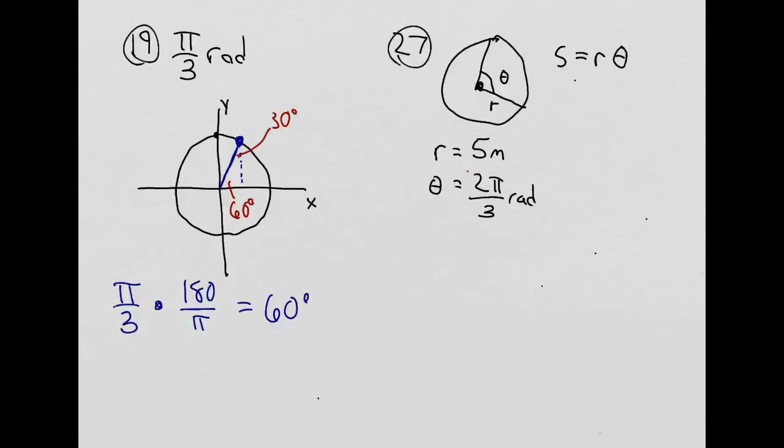What's opposite 30 degrees? That's the x value, so that's going to be 1/2. If you go back to the previous lesson, that's what it is for 30-60-90. The y, which is up and down, is opposite the 60 degrees, and that's going to be square root of 3 over 2.